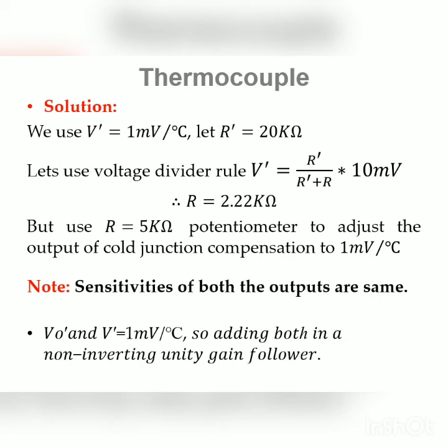That is VO dash, which we got from the design of stage 1 and stage 2 together, and V dash, the output obtained from the temperature sensor LM35, which senses the room temperature and converts it into a value of 1 millivolt per degree Celsius. So we can add both these outputs in a simple non-inverting unity gain follower.